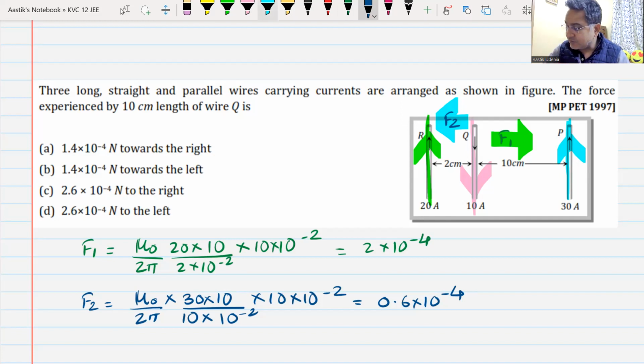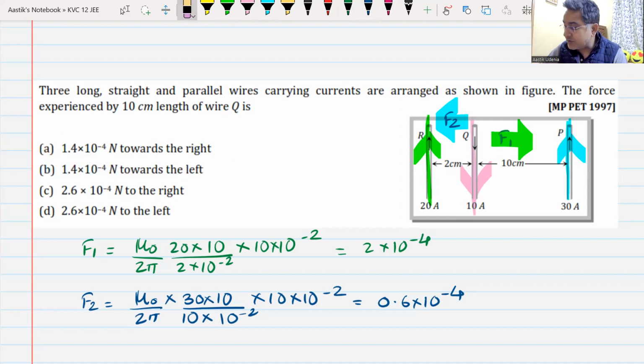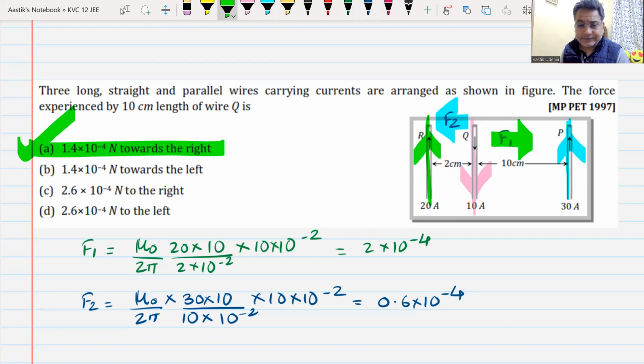So the answer would be the green one, F1 will win, and 1.4 into 10 raised to the power minus 4 Newton towards, sorry, it is left towards right. So the correct answer has to be option number A. Do we understand this? Yes or no?